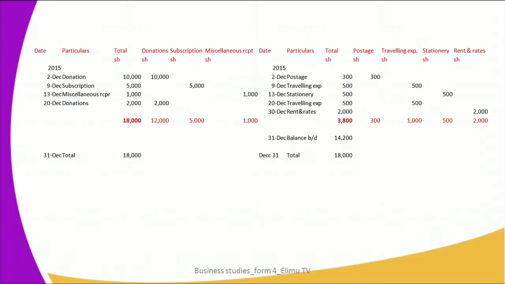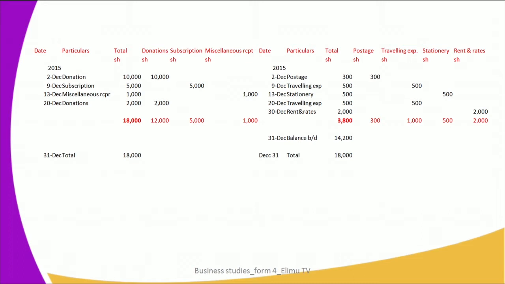Then after that, we get the totals, and you can see all the totals. On the revenue side, you have 18,000. Then on the expense side, you have 3,800. So we want to balance it by getting the balance brought down. The balance brought down is got by taking the totals of the revenues and subtracting the totals of the expenses.